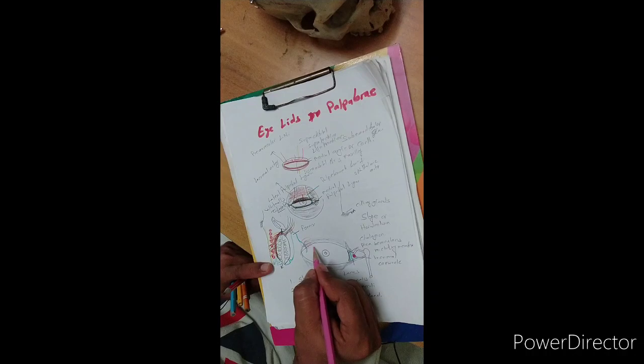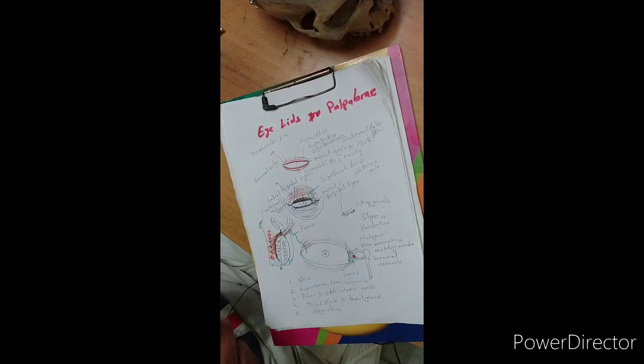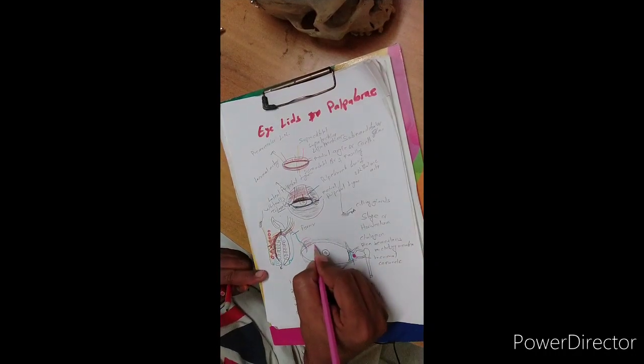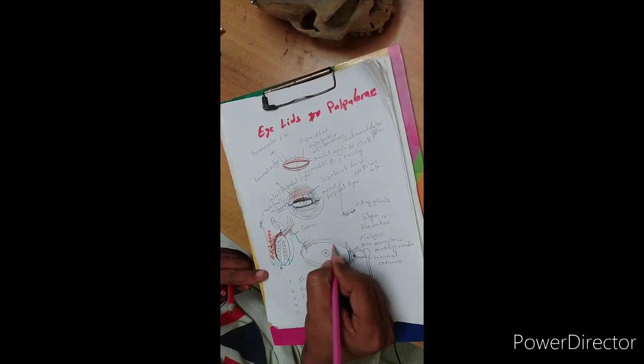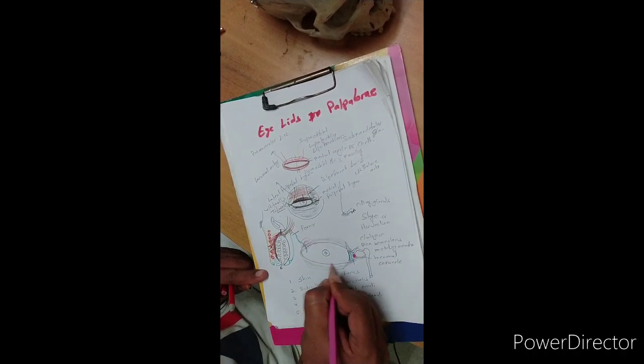In the upper fornix the lacrimal ducts open here, and in addition the accessory lacrimal glands are present, especially in the fornix, in the superior fornix as well as the inferior fornix.